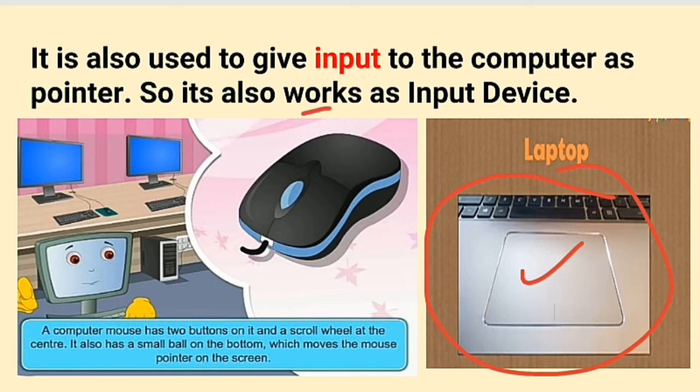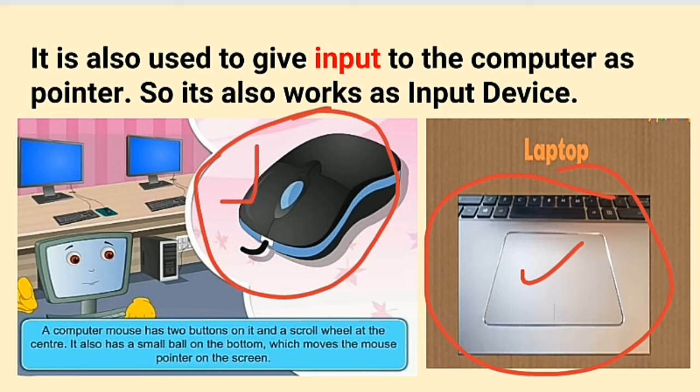Now this is a mouse. In this mouse there are two buttons, the right button and the left button, and one scroll wheel between the two buttons, which is used for scrolling the pages.